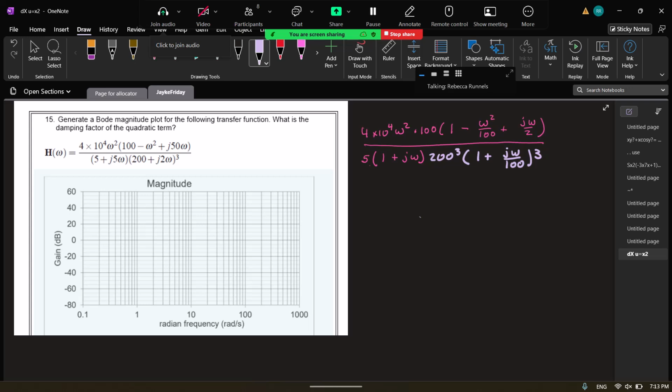So it's 200 plus j 2 omega. Right, so I had j2 omega and I factored out a 200. And so the 2 canceled with the 200 and I got j omega over 100.